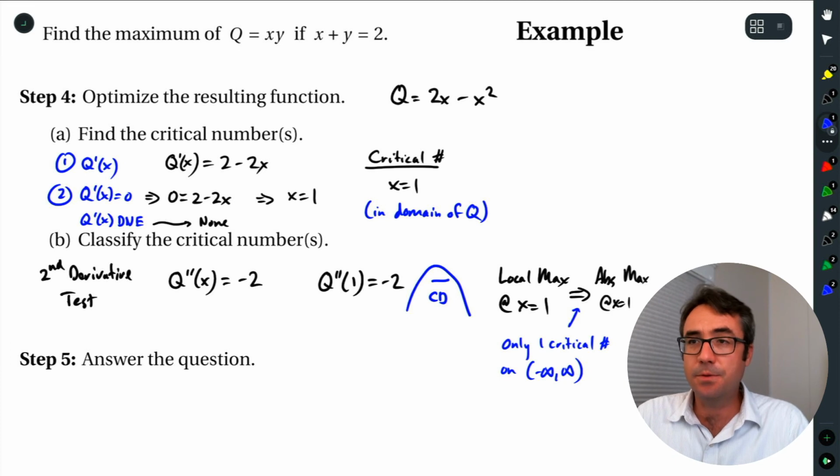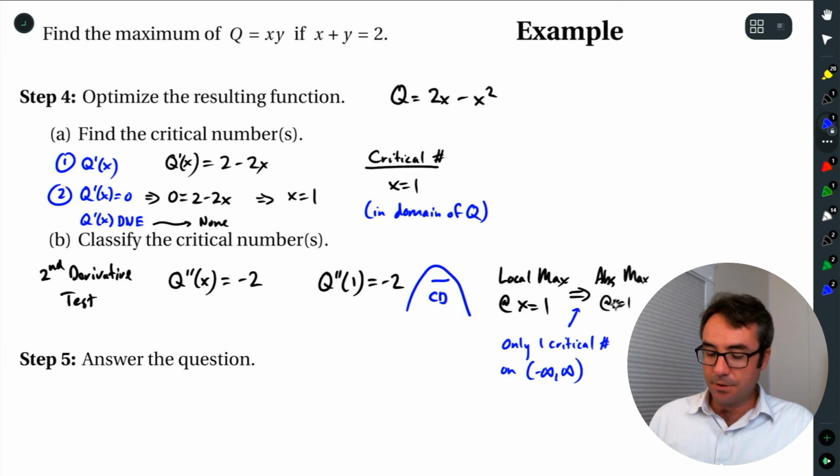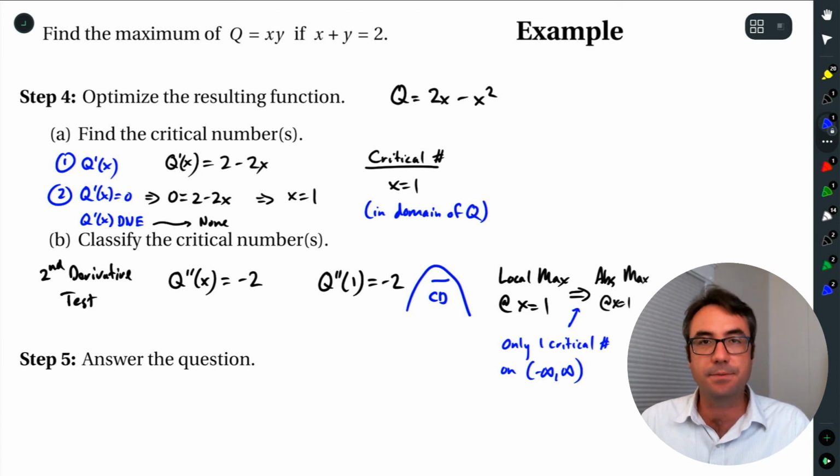All right, so there we go. We've located where our function has a possible max or min, and then we used the second derivative test to classify it. There is definitely a local max going on here. And because it was the only critical number, not only is it a local max, it's the absolute max. The last step here is just to make sure we're actually answering the question.